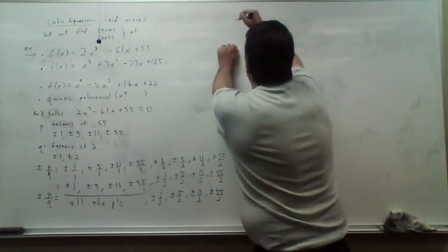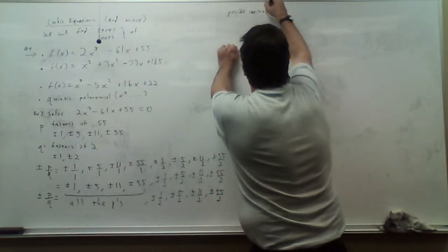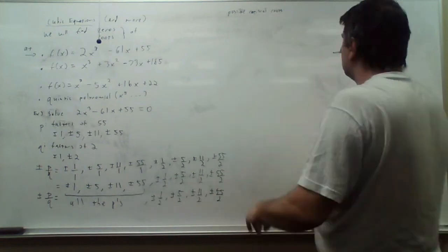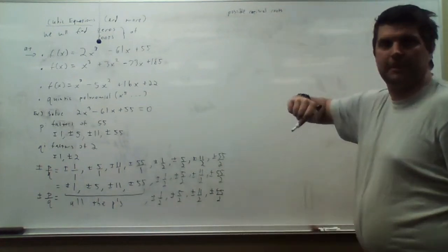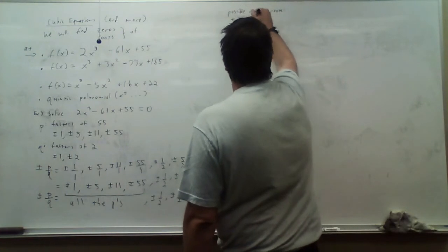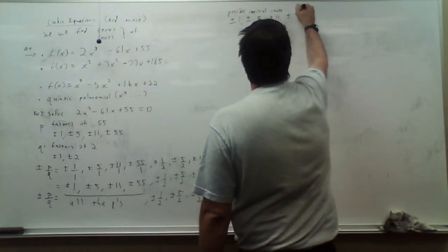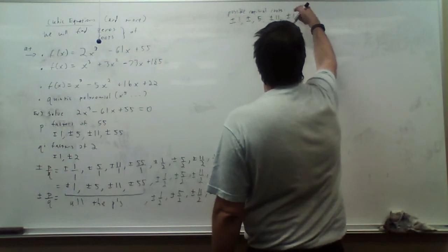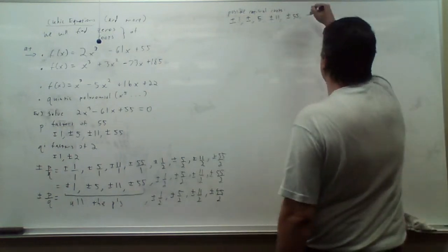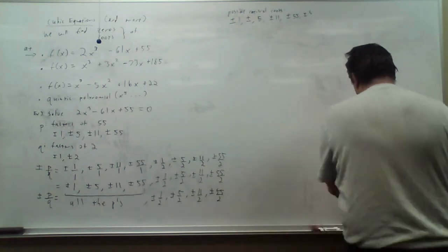Okay, so possible rational roots: positive or negative 1, positive or negative 5, positive or negative 11, positive or negative 55, positive or negative 1 over 2.